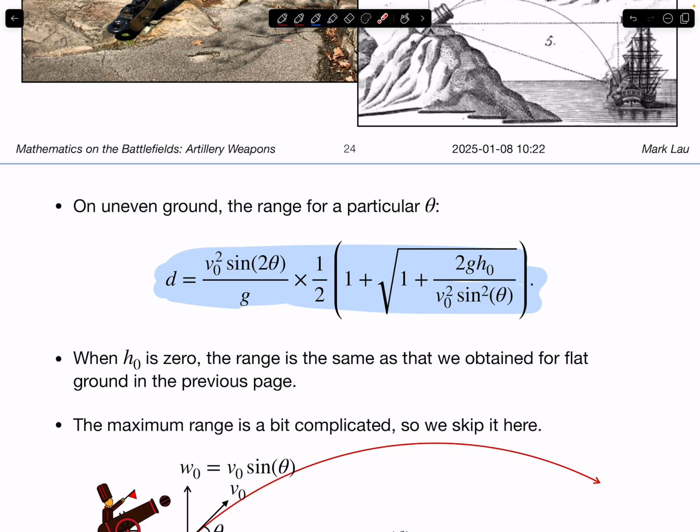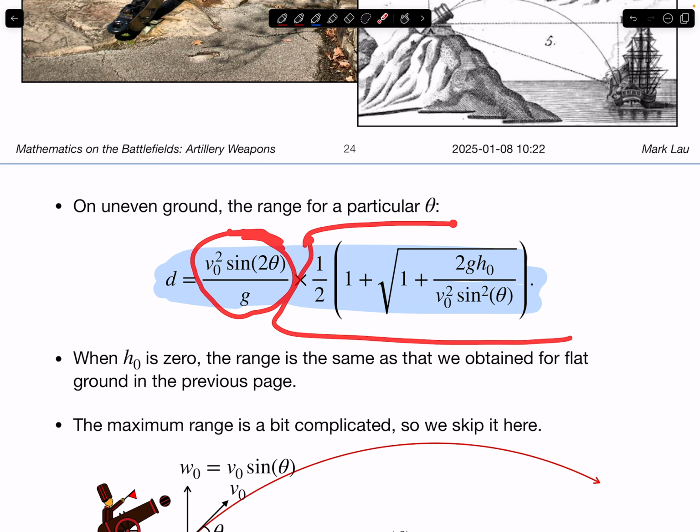So this part is consistent with the previous part, and this part is extra, and I don't think I know how to derive this. Or do I know? Even if I know the derivation, I don't think I should think about it right now, because it's really annoying and it's going to be time consuming.